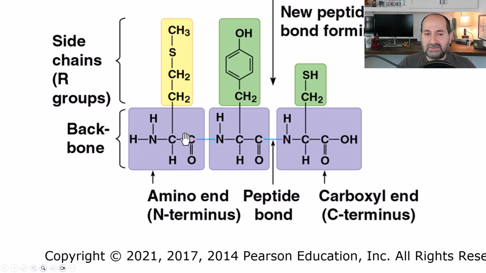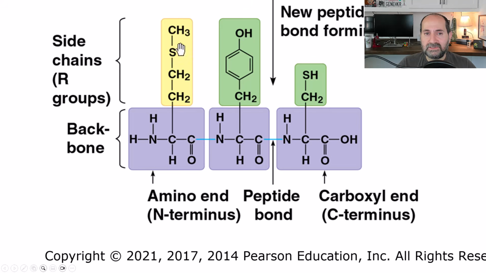Every protein is linked together with its backbone, the lilac color part. Every protein is going to have an amino end at the beginning and a carboxyl end at the end. These amino acids are linked together with peptide bonds. So it's really the backbone that's strung together. And what's poking out the sides?